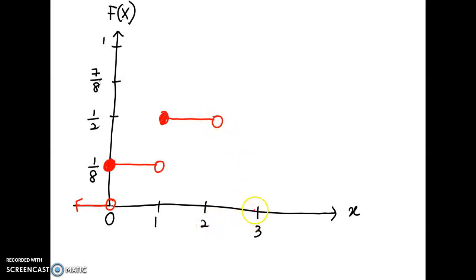Okay, next 2 until 3 at 7 over 8, then filled circle here. Last but not least, is x greater than or equal to 3 at 1, then filled circle. So this one is our cumulative graph.